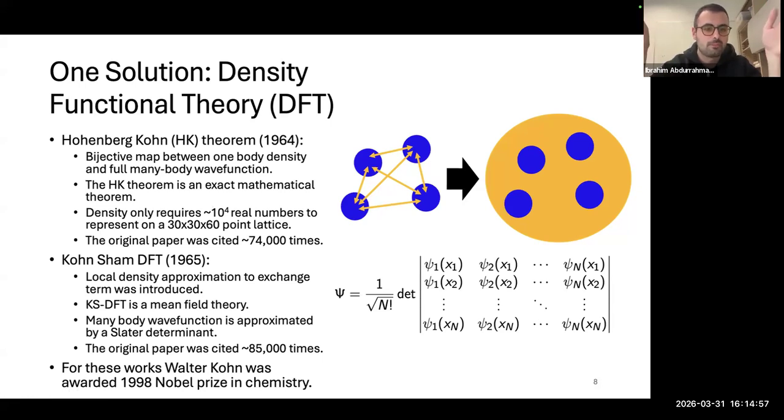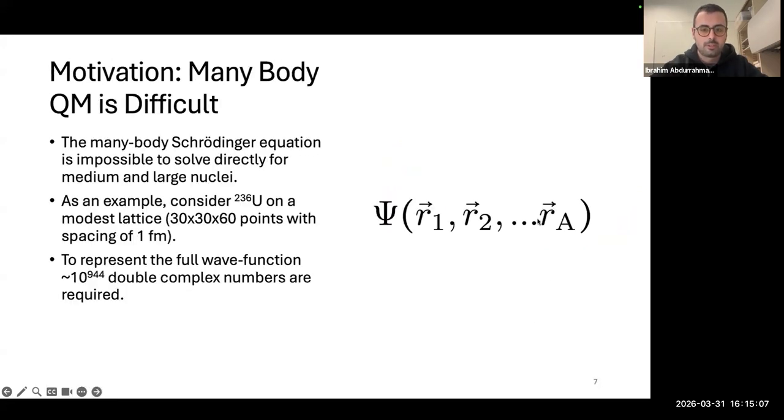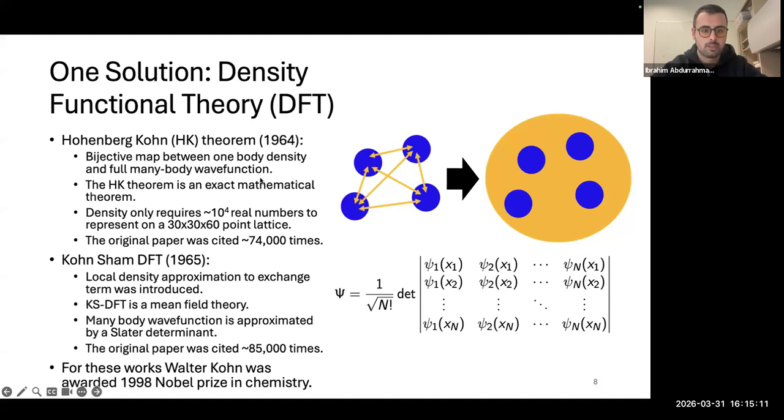You can prove it fairly easily for ground states. What people realized is, okay, it's nice to have this relationship between the many-body wave function and the one-body density, but there is no easy equation you can solve for the one-body density. So how do we get it?